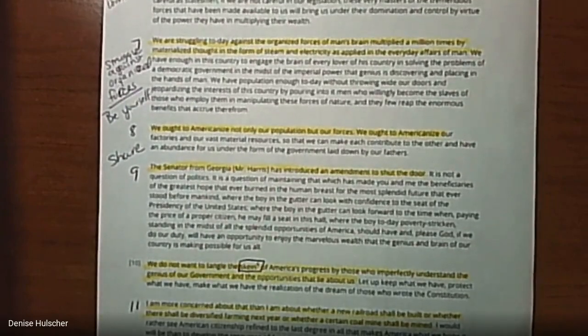It's a question of maintaining that which has made you and me the beneficiaries of the greatest hope that ever burned in the human breast, for the most splendid future that ever stood before mankind, where the boy in the gutter can look with confidence to the seat of the presidency of the United States, where the boy in the gutter can look forward to the time when, paying the price of a proper citizen, he may fill a seat in this hall, where the boy today, poverty-stricken, standing in the midst of all the splendid opportunities of America, shall have, and please God, if we do our duty, we'll have an opportunity to enjoy the marvelous wealth that the genius and the brain of our country is making possible for us all.